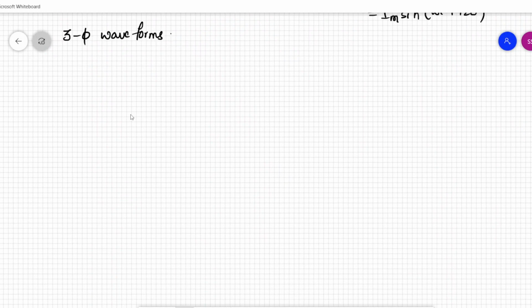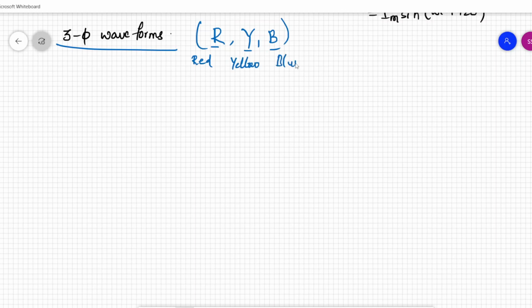As there are three phases, in AC transmission we use R, Y, B as the three phases: red, yellow and blue. So these are red, yellow and blue color lines. The first one is the red phasor, which I take as the reference.